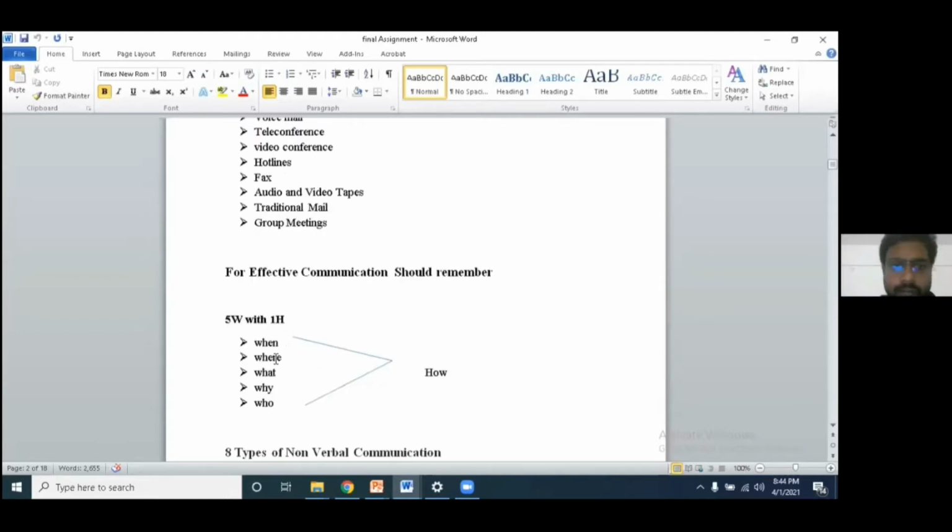So what were the 5 W's and what was the H? The 5 W's are when, where, what, why, who, and the combination comes to how. If we ask these questions, then the communication is effective.